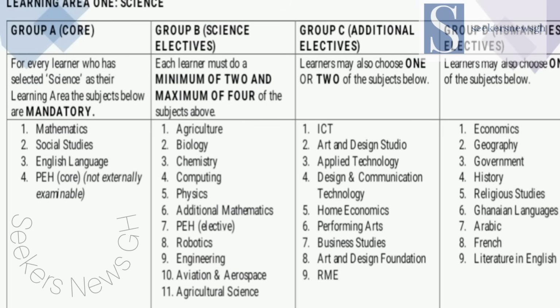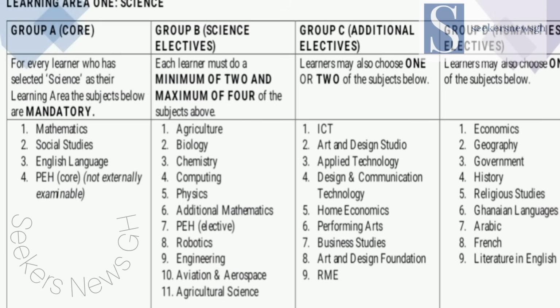Now, Group A, for every learner who has selected science as their learning area, the subjects below are mandatory. All of them will take it, which is mathematics, social studies, English language, and PEH, which is physical education and health. But this is core but not externally examinable.